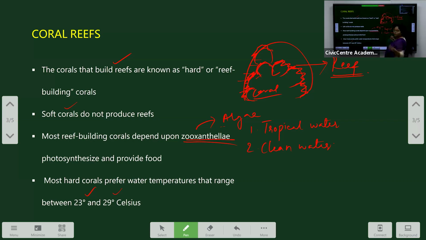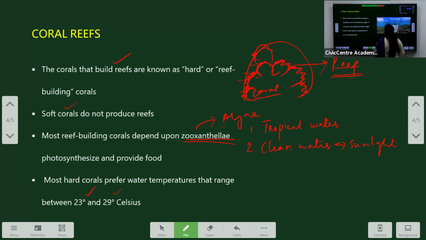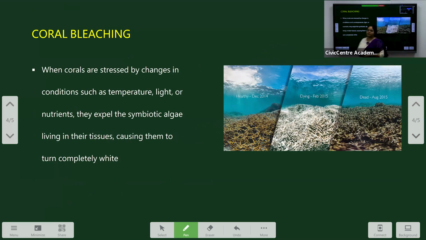To produce food, the availability of sunlight is very important. For the sunlight to reach the corals, the water needs to be very clean. So keeping these requirements in mind, let's move on and see what coral bleaching is.